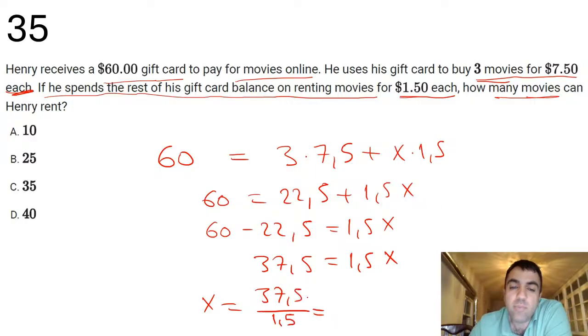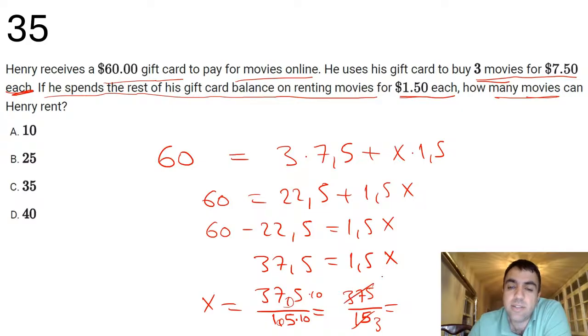We can multiply by 10 in order to get rid of this point, right? 375 over 15. We can divide it by 5, both denominator and numerator.